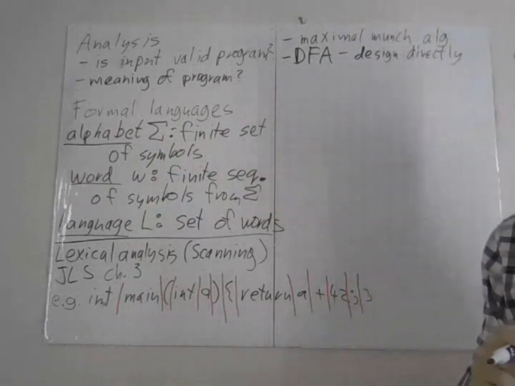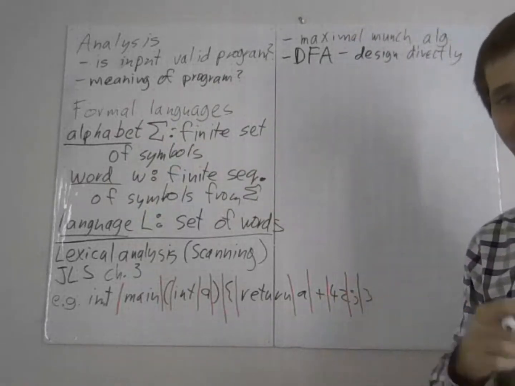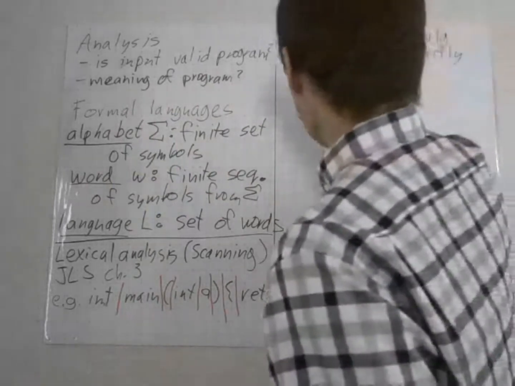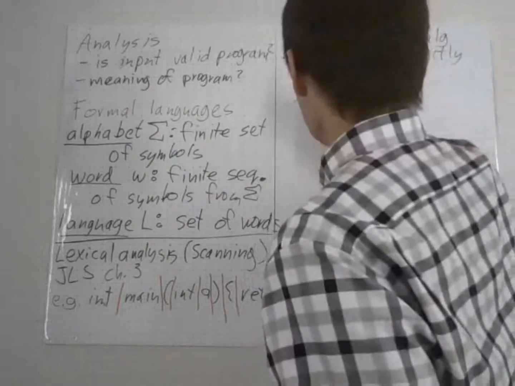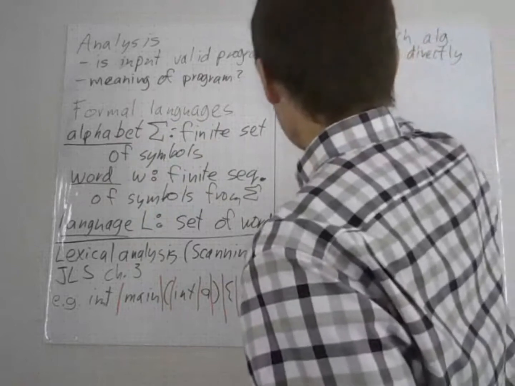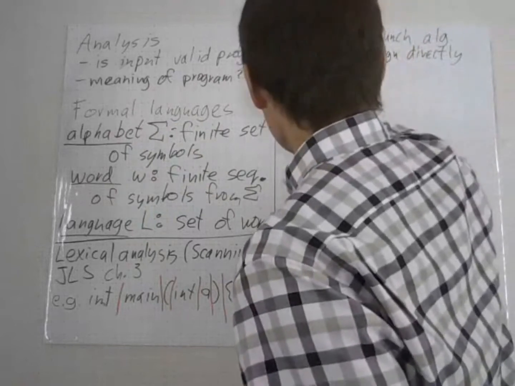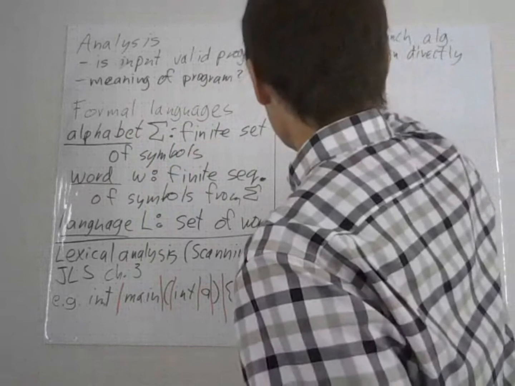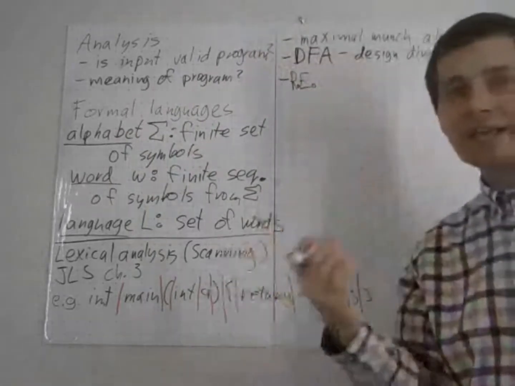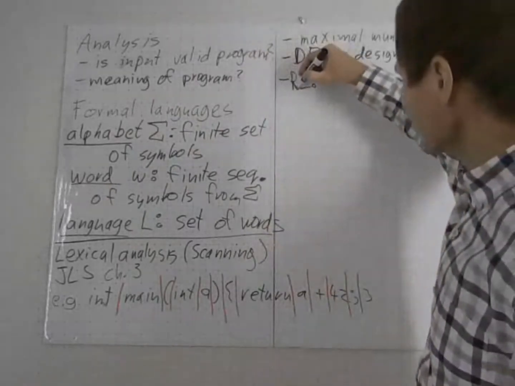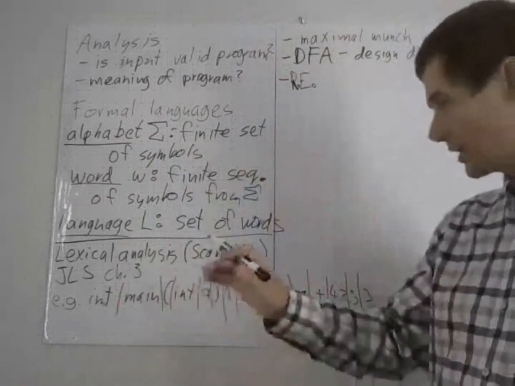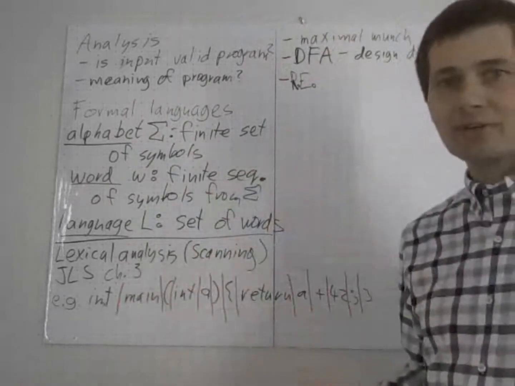But another way that this is commonly done is to use a tool, a tool that generates the DFA. The idea is that you specify your language of valid tokens using a regular expression, or a set of regular expressions for the various kinds of tokens that you have.